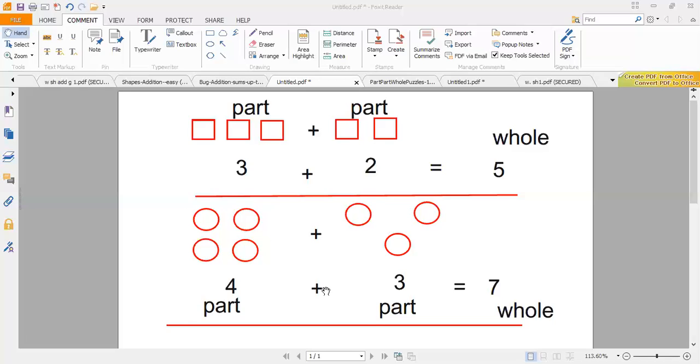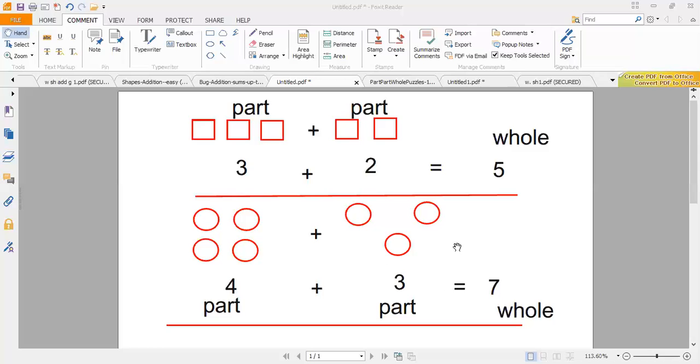The whole is the biggest number that is after the equal to sign. So the first part is 4 plus the second part is 3 equal to the whole, 7. 4 plus 3 equals 7. Part plus part equal whole.